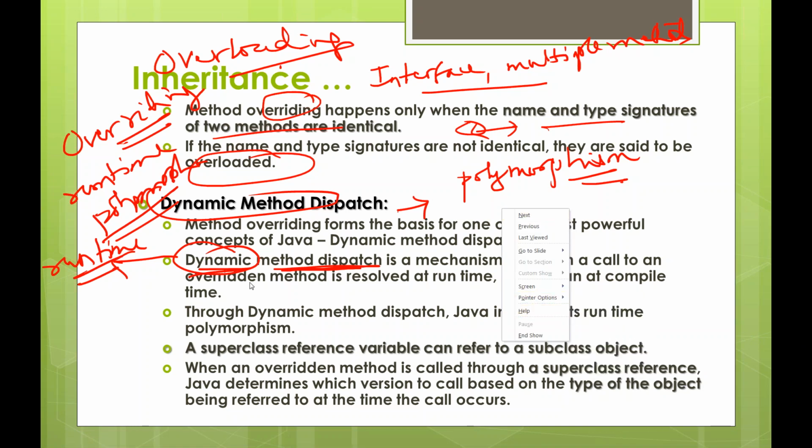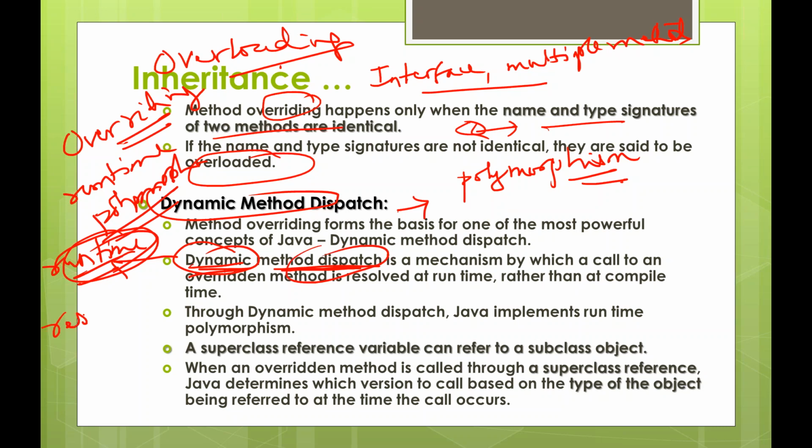So what were we discussing about? Oh, okay. Whenever we say dynamic, that is your runtime part. Dispatching is nothing but resolving a call to a method. How is that call resolved when you call a particular method? In the case of a subclass, when you call display, Java knows which particular method to call.